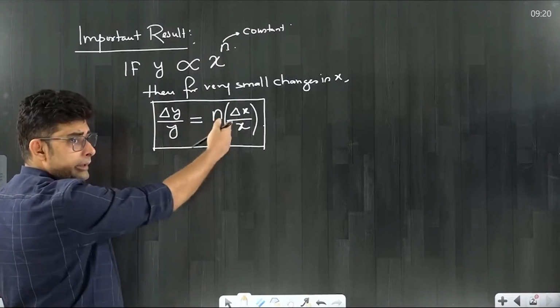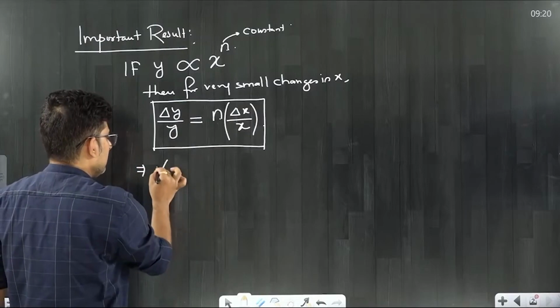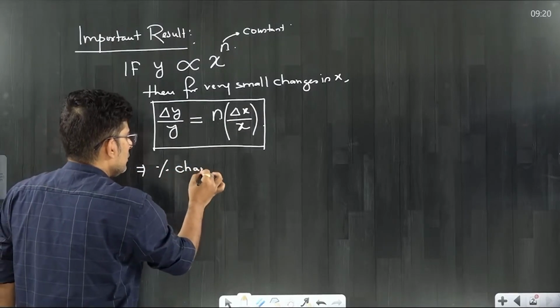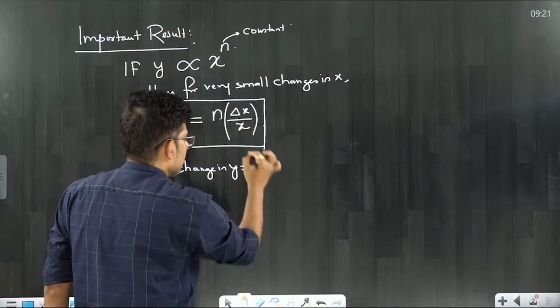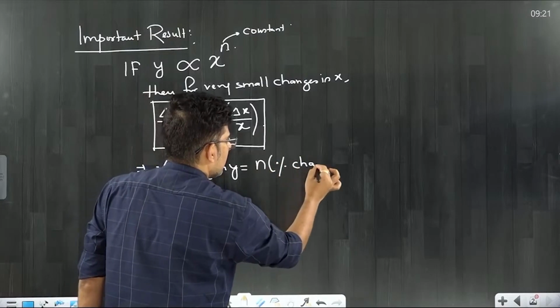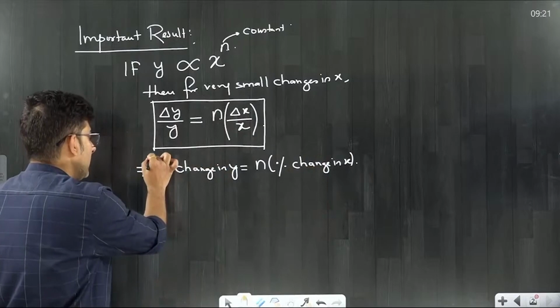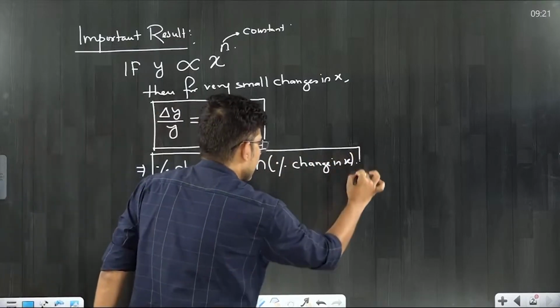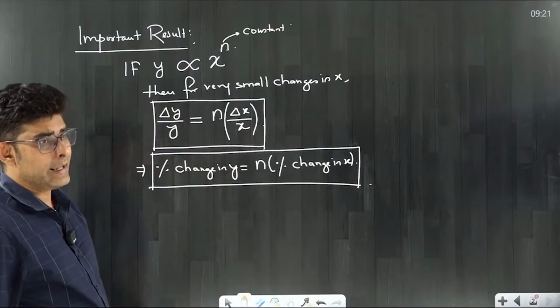And we know by multiplying by 100 we will get percentage change. So this also gives us, if they ask you the percentage change in y, you will write whatever the power was, n, multiplied by the percentage change in x. We will take examples also on this, but a very important point: fractional change and percentage change can be related like this.